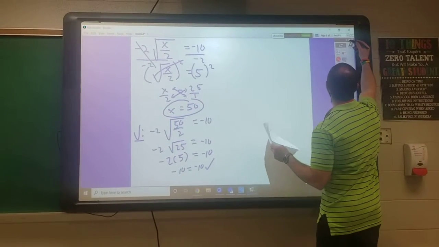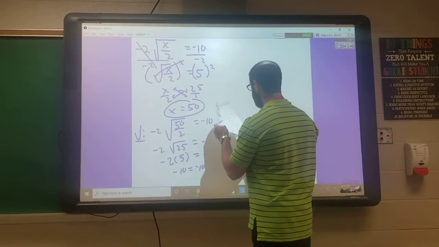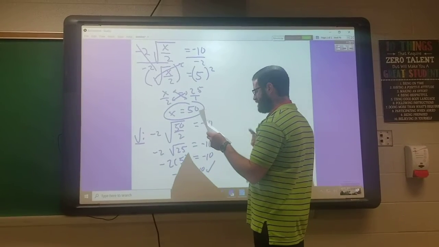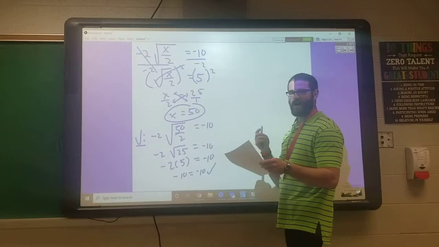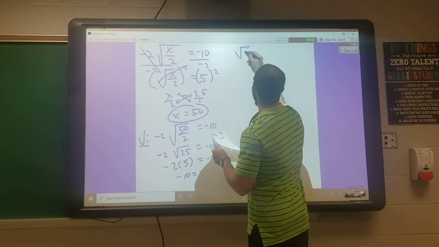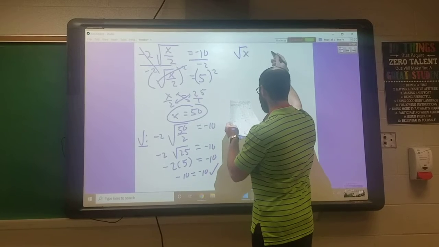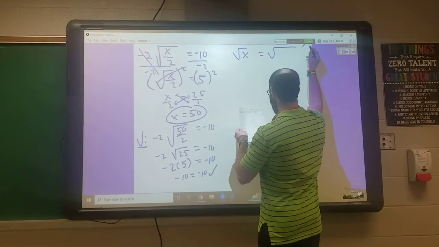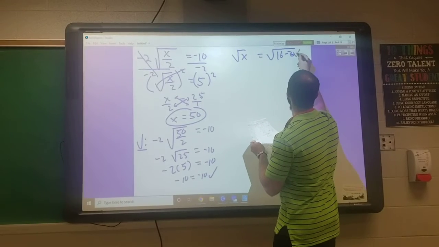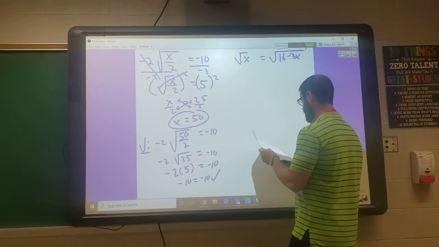All right, let's look at one that's a little bit different. On this next one, I have square roots on both sides of the equation. So square root of x on one side, square root of 16 minus 3x on the other side.